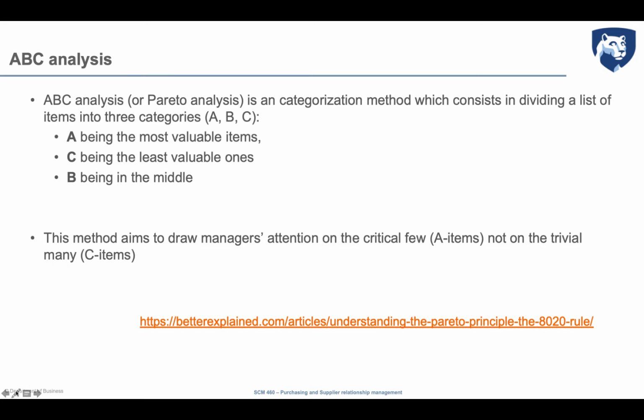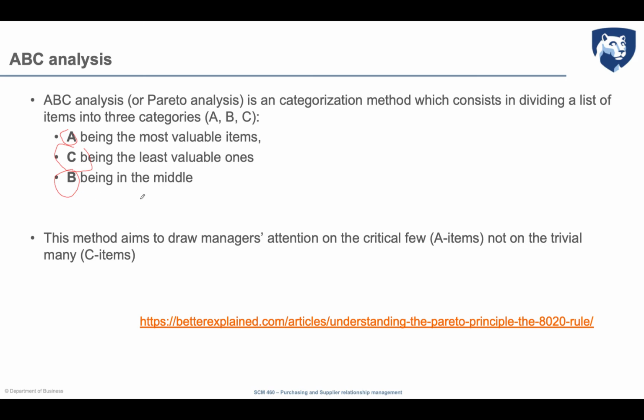It is named ABC analysis because, given a list of items, which in the purchasing case can be categories, suppliers, buyers, or orders, it gives a categorization of these items in three different classes. A, the most important, B, the one in the middle, and C, the items having the least relevance, so the ones that can be neglected.